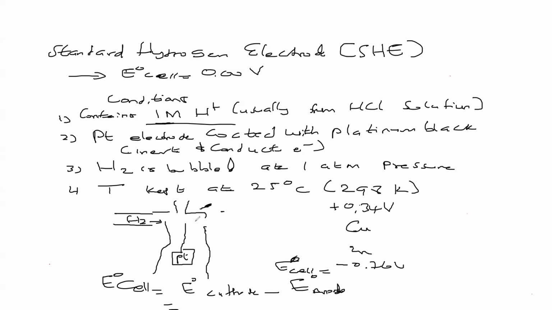Remember, hydrogen asks copper, what do you prefer? And copper says, well, I easily get to be reduced. So if I easily get to be reduced, it means that's what I prefer.